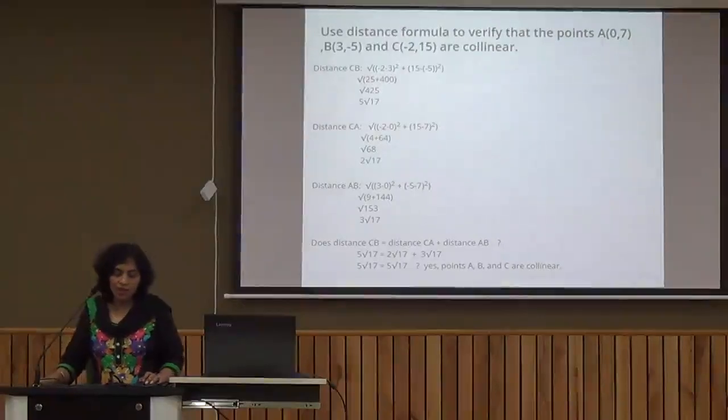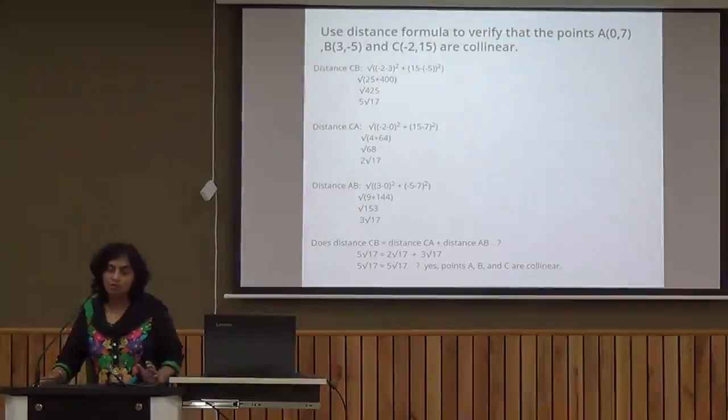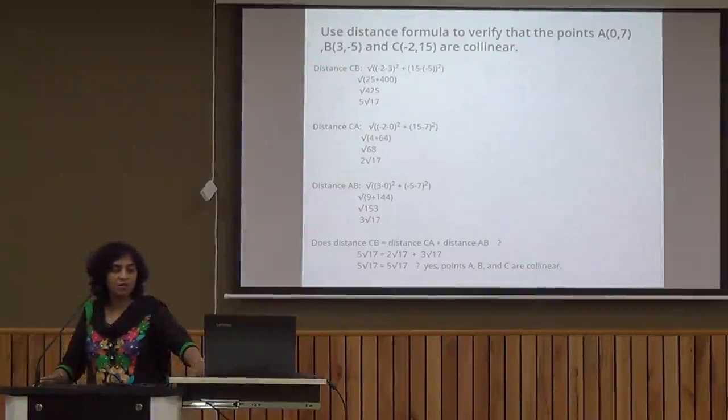So we see that the distances CA and AB, when we add them, come out to be 2 root 17 plus 3 root 17, which is equal to 5 root 17, which is equal to CB. Hence the points A, B and C are collinear.